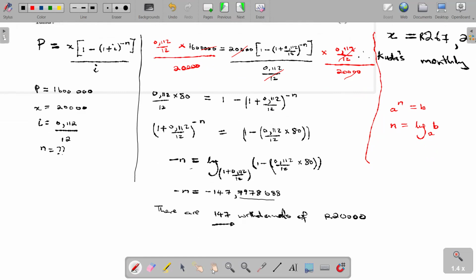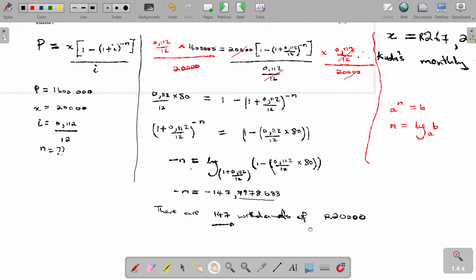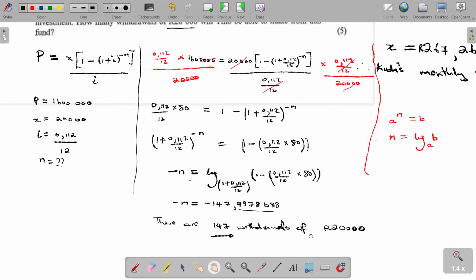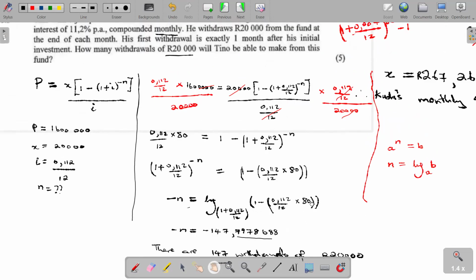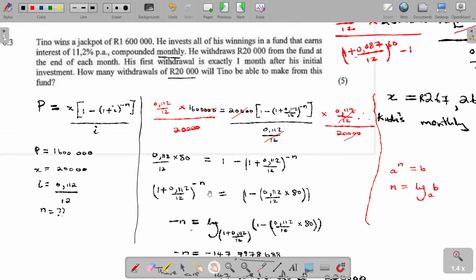You have to take note of how the question has been asked. How many withdrawals of 20,000? That's why you used the 147. But if the question had just asked how many withdrawals, they were going to be 148, and the 148th one was going to be less than 20,000. Right.